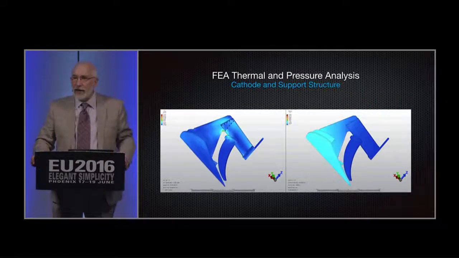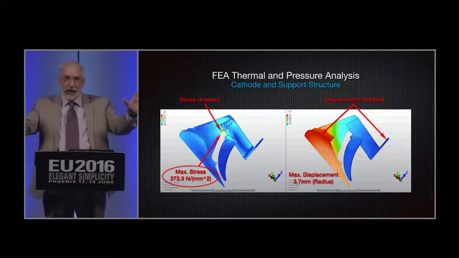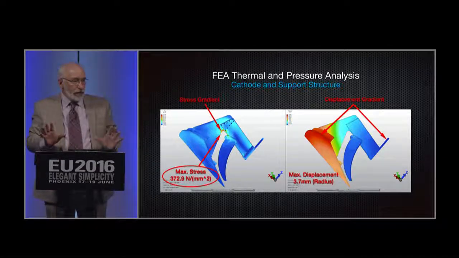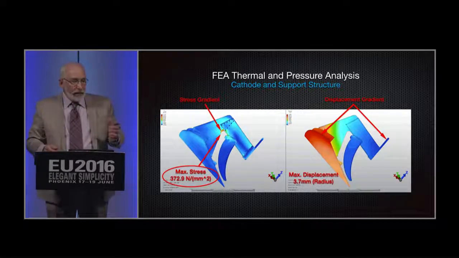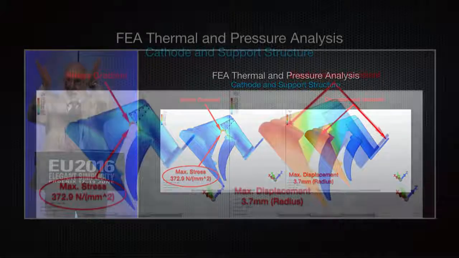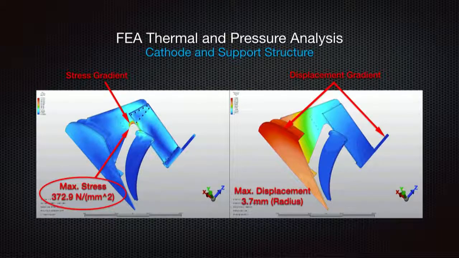Well, you come up with some ideas. You want a nice flat disk. The team all agreed that a nice flat disk would be the most effective way to do this, but you've got to hold that disk up somehow. This was the first concept. What you're looking at is a pie-shaped section out of that cathode that you'll see very soon, and it's showing the stress due to thermal forces. I'm going to use the pointer now.